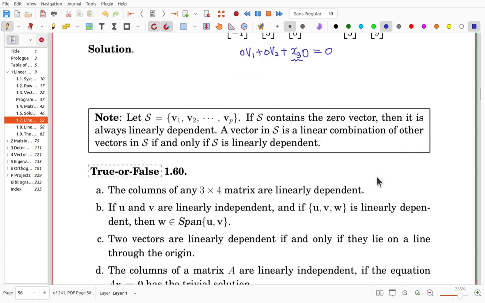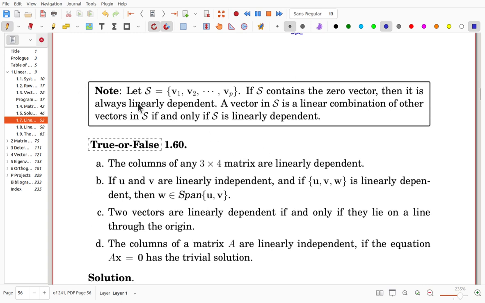Now S is a collection of vectors. If S contains the zero vector, then it is always linearly dependent. A vector in S is a linear combination of other vectors in S if and only if S is linearly dependent.